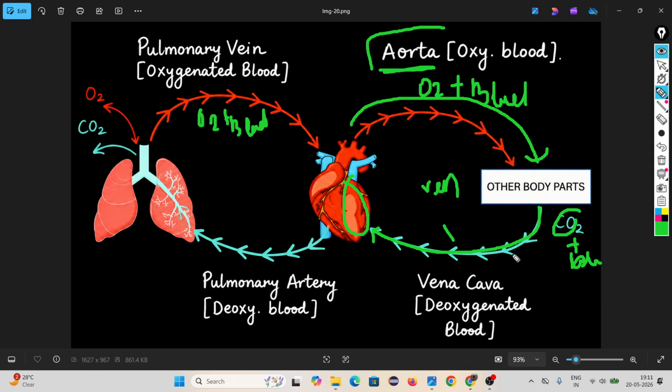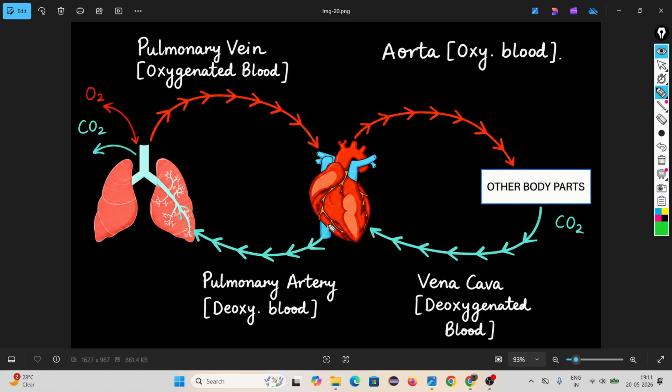The largest vein inside our body is called the vena cava. The largest artery is called the aorta. The largest vein is called the vena cava. Now this deoxygenated blood should go out from the heart to the lungs.